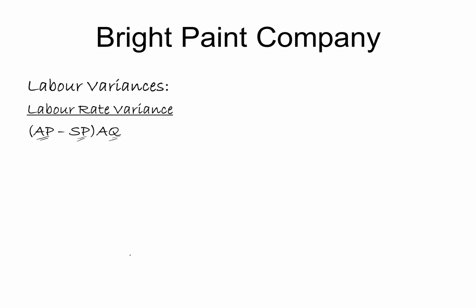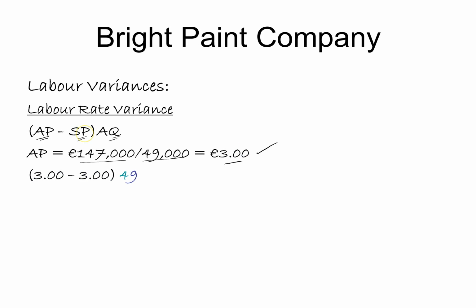So I'll work that out here. €147,000 divided by 49,000 hours gives us €3. Okay, so this is interesting because the actual price is €3 and the standard price is €3, which means we have a 0 difference, or we have a nil variance. Unusual, but does happen occasionally. So that's the labour rate variance.